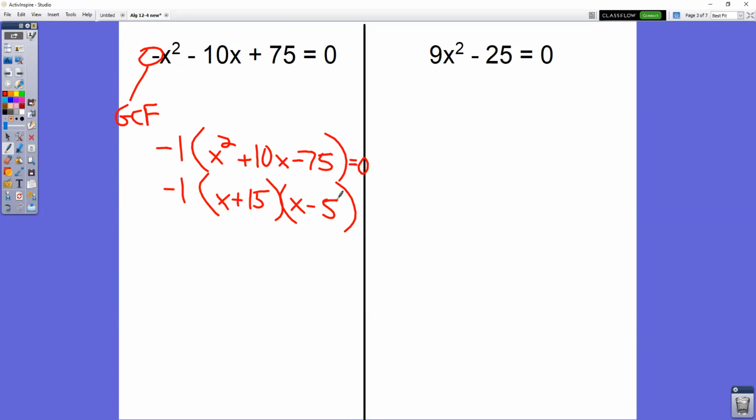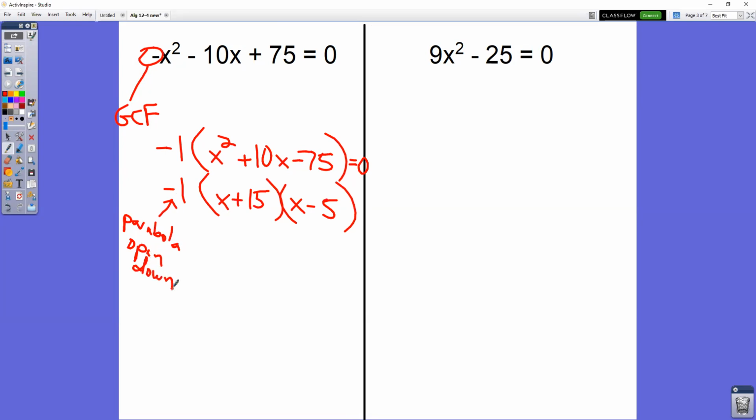We're just going to leave this -1 outside. All that this -1 is going to do is not have any effect on our answers. It's just going to make the parabola open downward if we went to graph it.